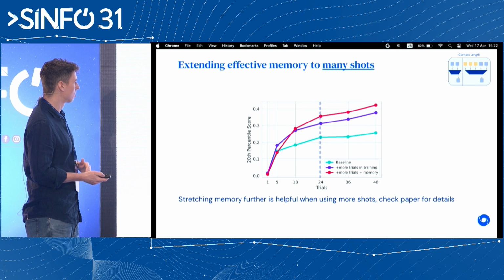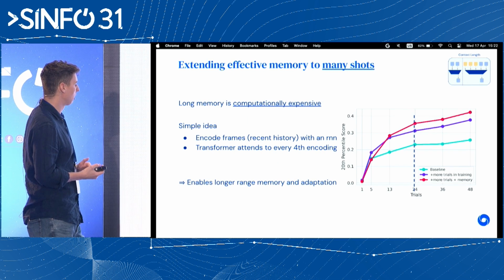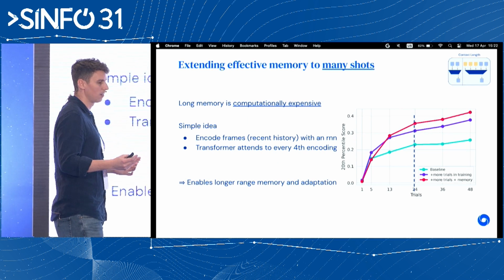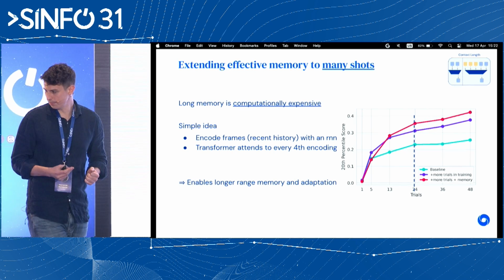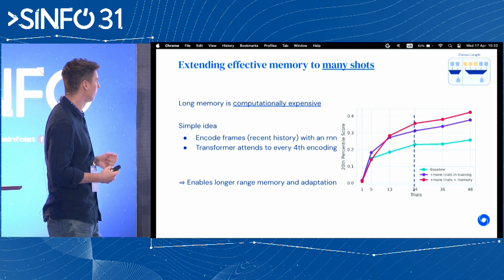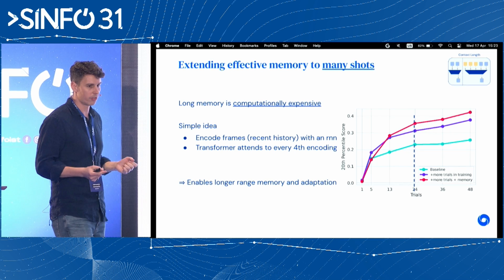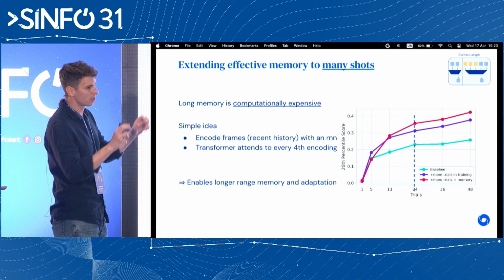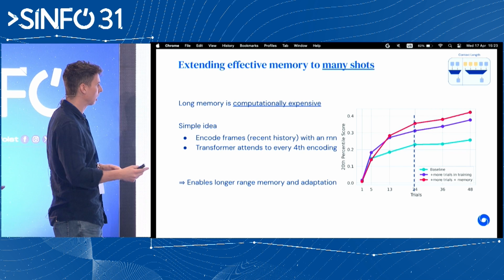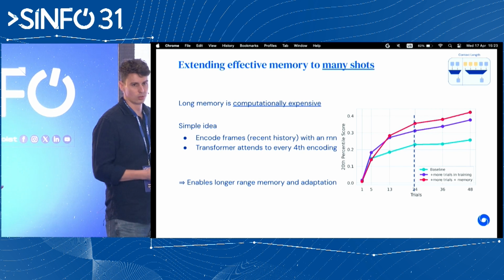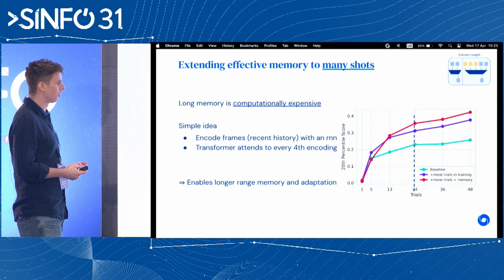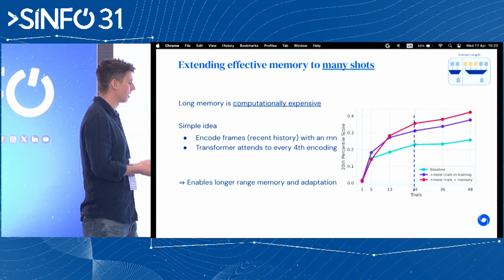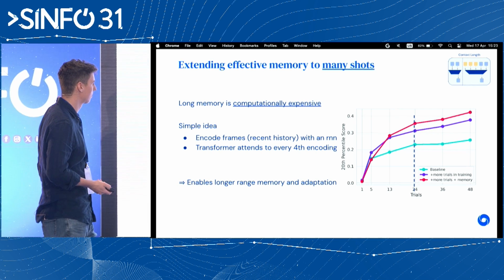So how we did this, in short: we couldn't just increase the context naively, because that would require a lot of memory. So we applied some encoding of frames. We summarize frames using a recurrent neural network and then feed that into the transformer. The reason for this is it improves performance, but it also helps with memory consumption, because it's super expensive.